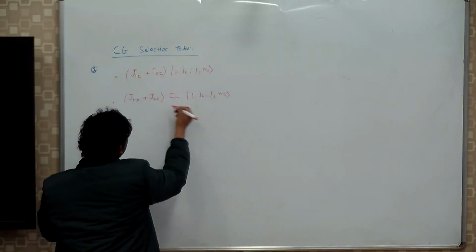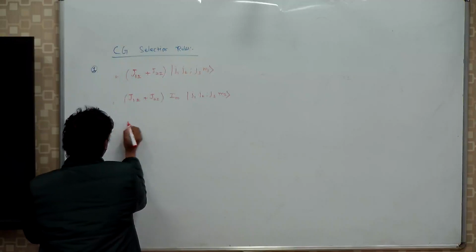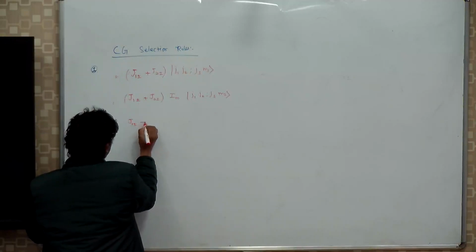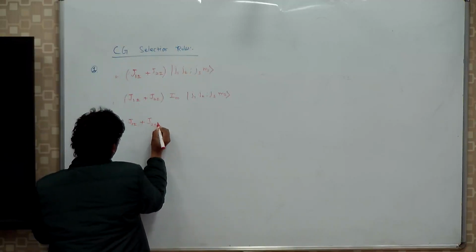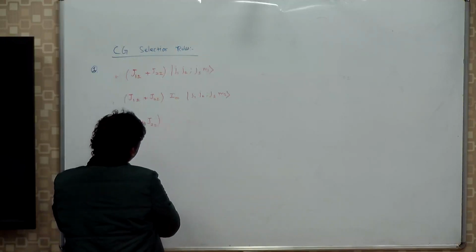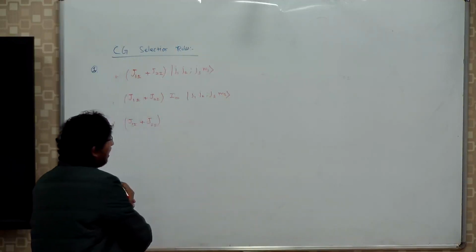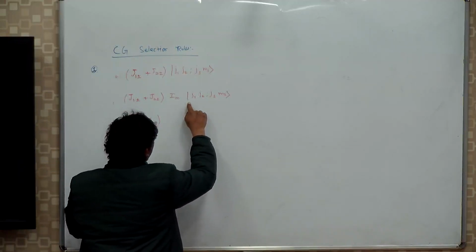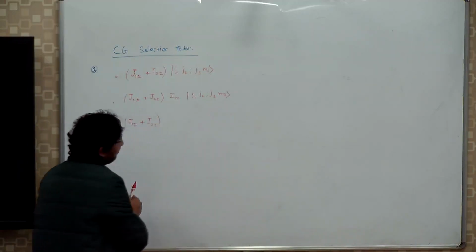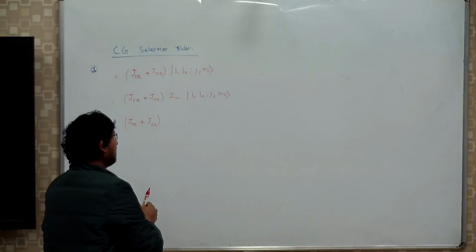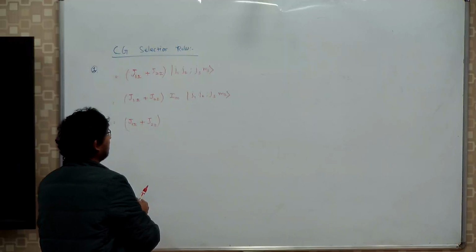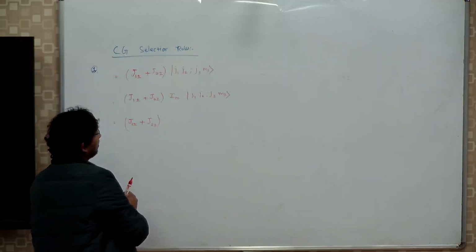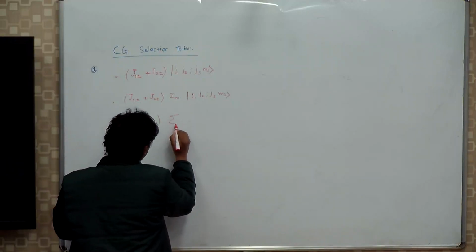For solving this, we have to do it like this. What is the completeness relation with the uncoupled basis? Because here we have already considered a coupled basis, so for writing the completeness relation we have to consider the uncoupled basis.